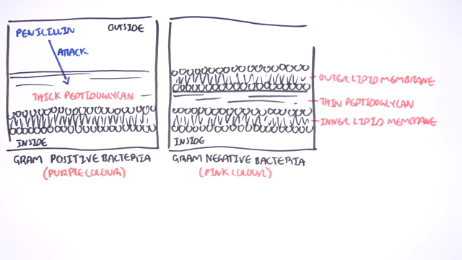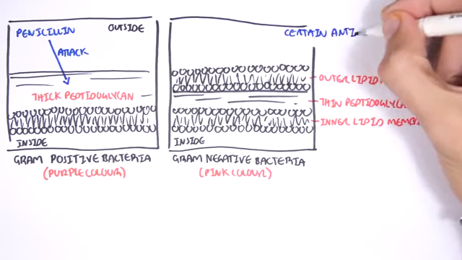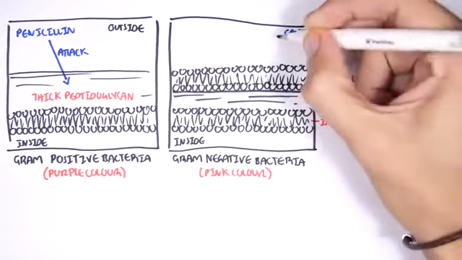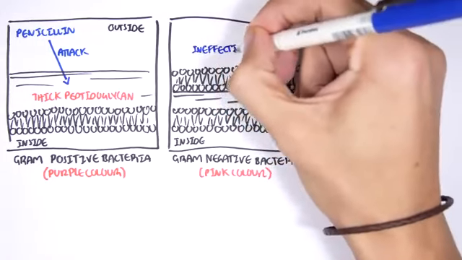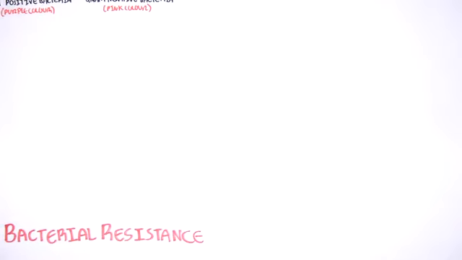However, penicillin is not very effective against gram-negative bacteria because there is an outer lipid membrane in the way, and also the peptidoglycan layer is quite thin over here. So that's an important reason why some antibiotics, such as penicillin, are not very effective against gram-negative bacteria.